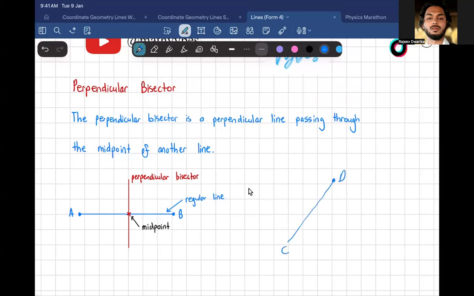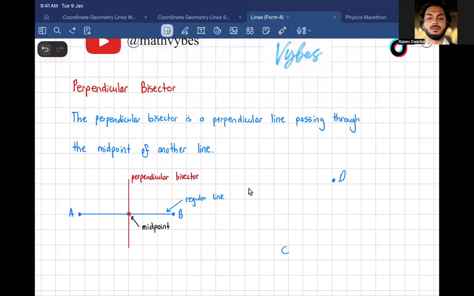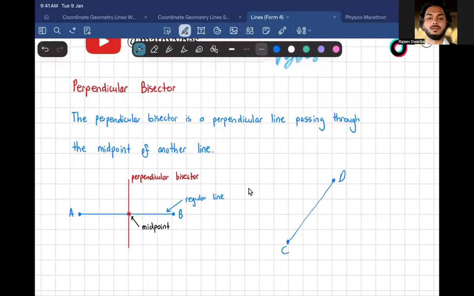This is the line CD. Explain to me, how would the perpendicular bisector look? It would be bisecting right through the middle, the midpoint. So you agree that would be the middle? Yeah, we're just estimating, looking at the middle.